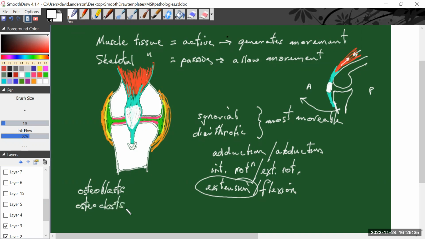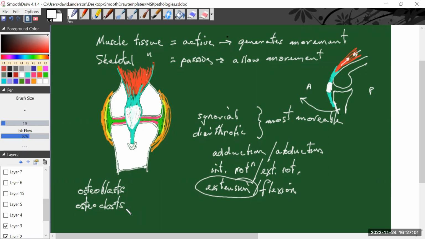And when they resorb bone tissue, they free up the minerals that gave the hardness to the bone tissue into the circulatory system, so that the circulatory system can carry those minerals to places where those minerals need to be used. So the bone tissue serves as a reservoir for minerals, especially calcium, but including magnesium and phosphates and even some sodium, that sort of thing.